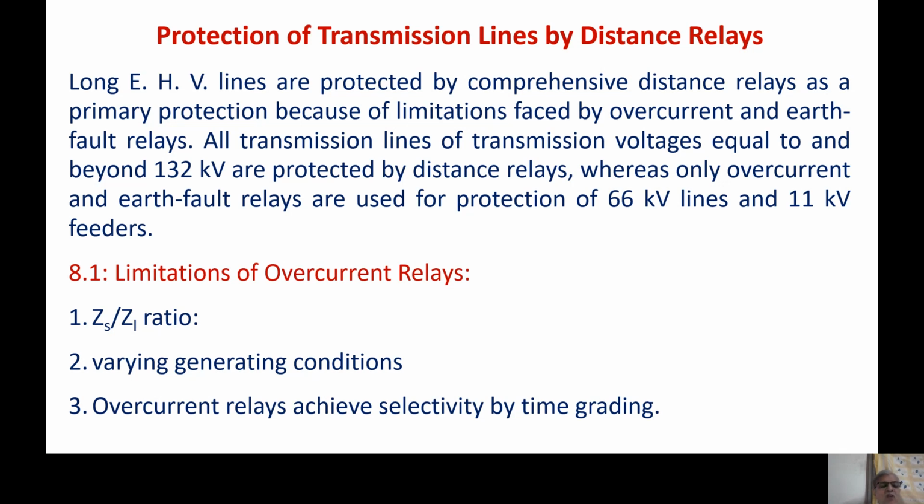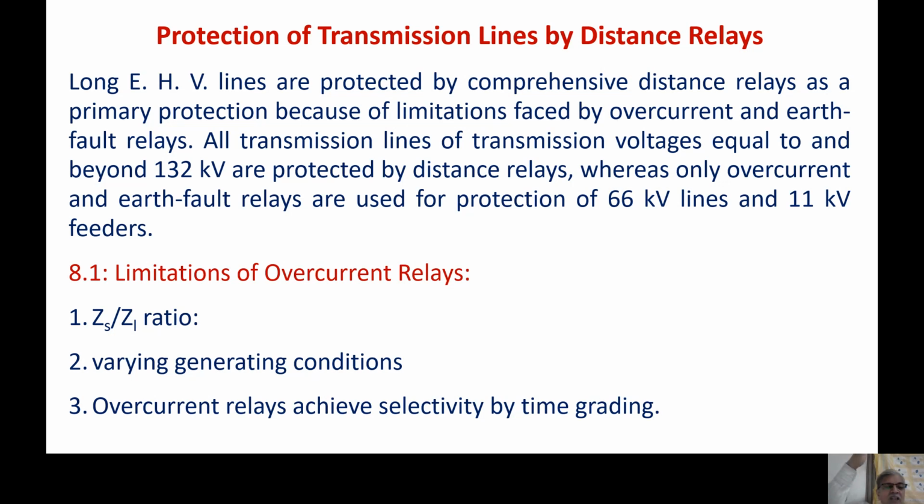and find out the ratio of voltage to current, that is Z. What is that Z? Z is from Ahmedabad bus to fault. If that Z is less than some set impedance, I would call it K, that means the fault lies within the zone of protection.